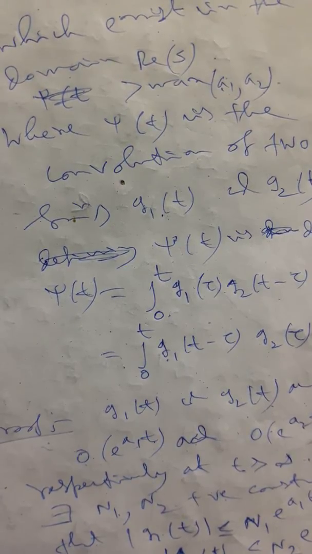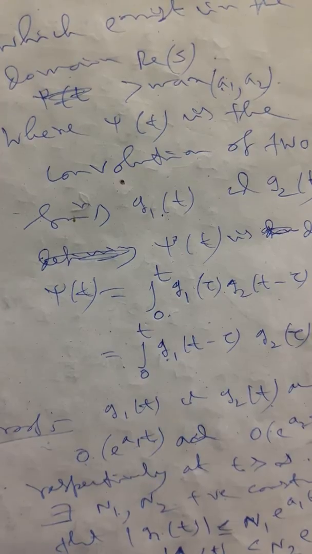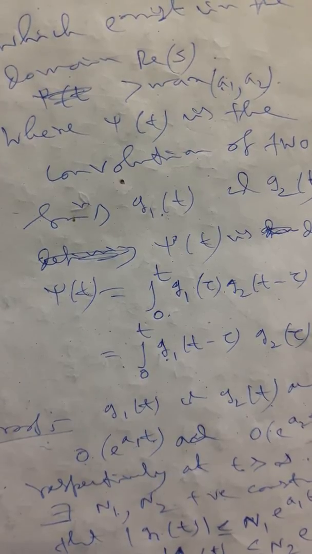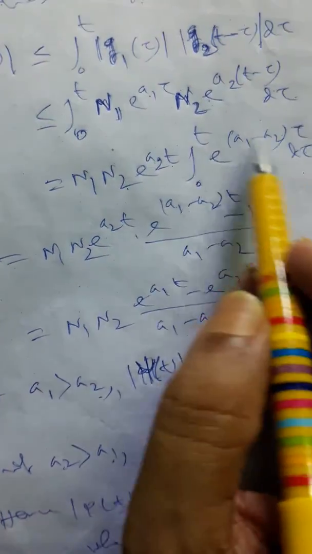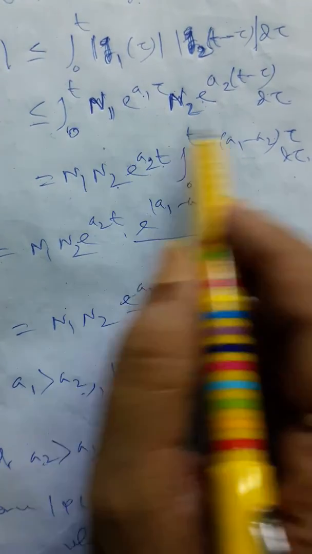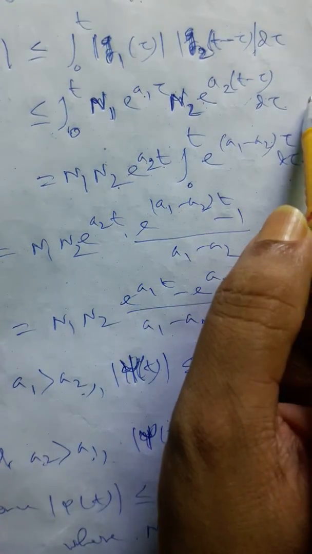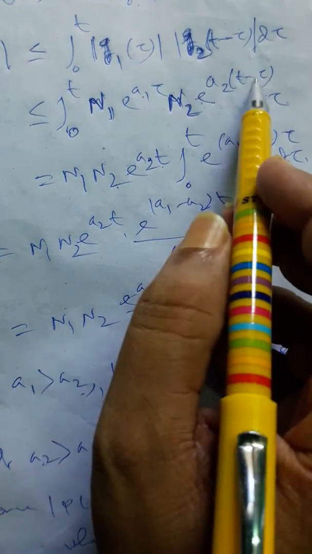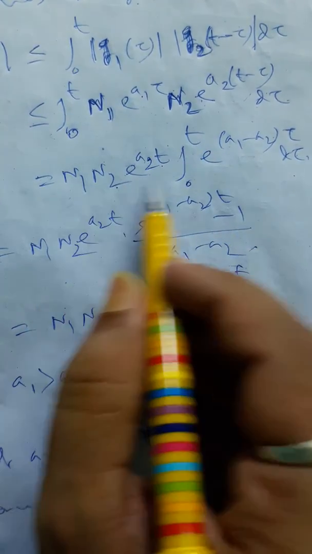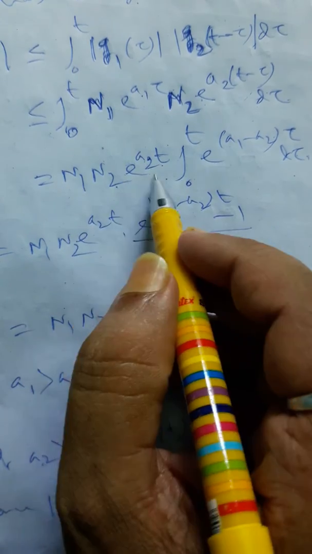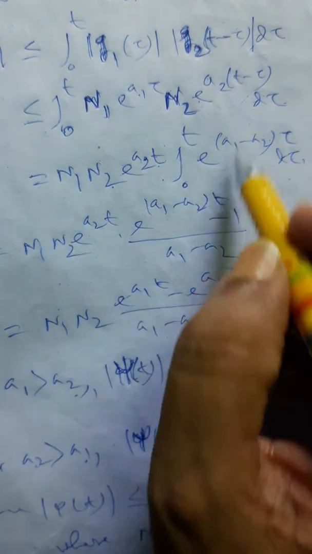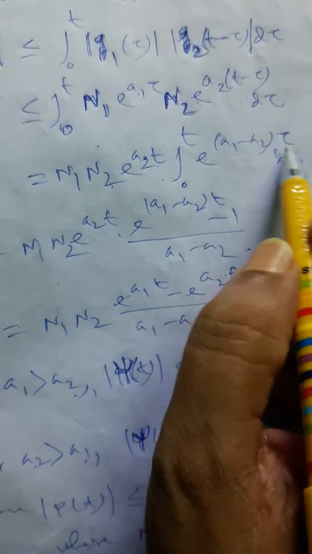Using this result, replacing t minus tau, and substituting both these values here, we get these results. It is also clear that the integration is with respect to tau, so we write outside the integral the terms N1 N2 and e to the power a2 t, since the rest is inside with tau.